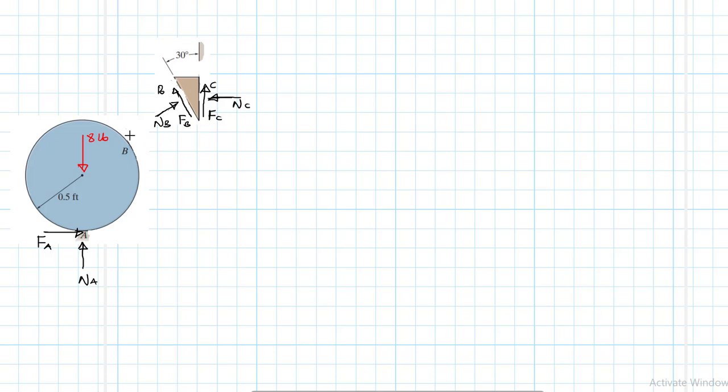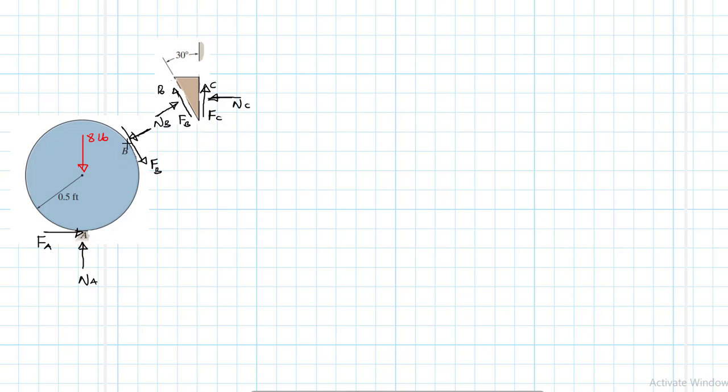In like manner, we have the same forces at B but in the opposite direction. This is Fb, the other one is Nb.